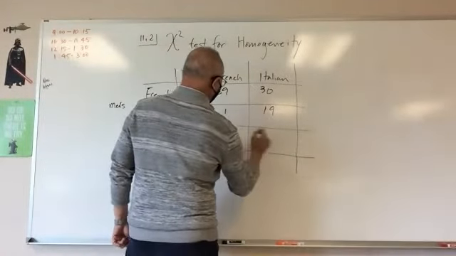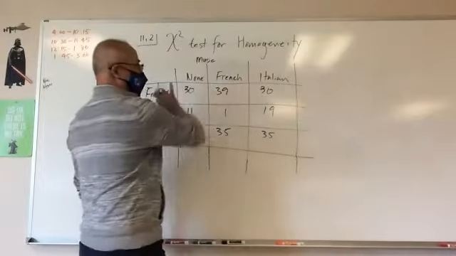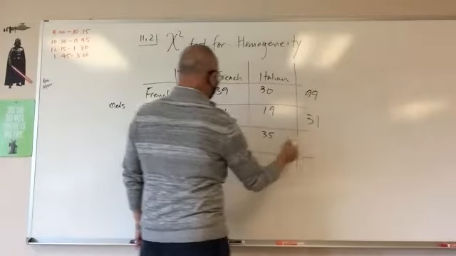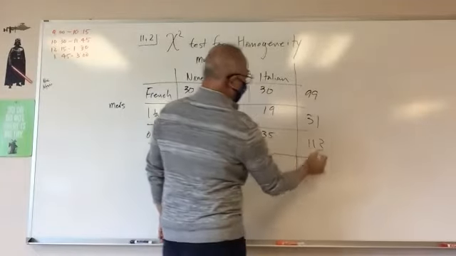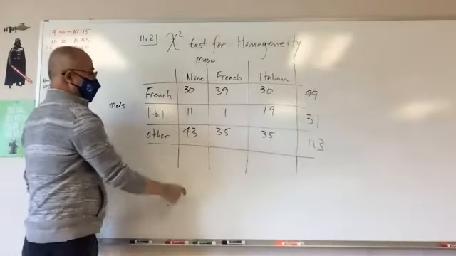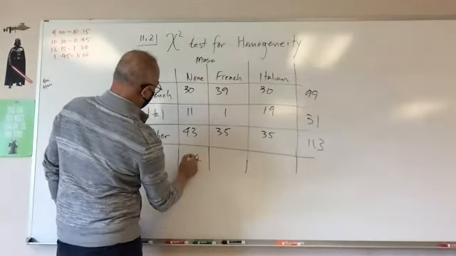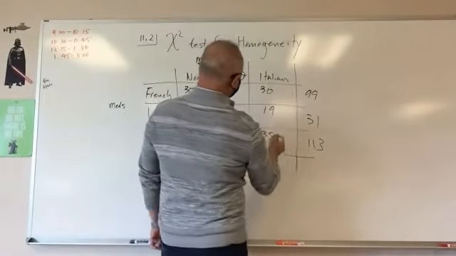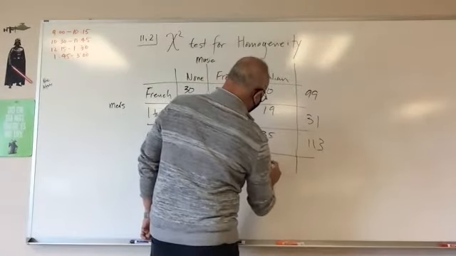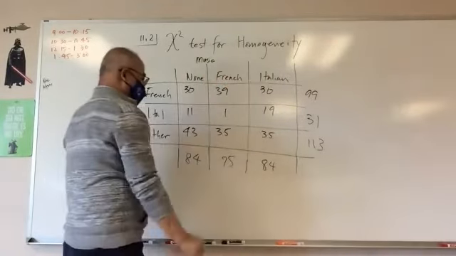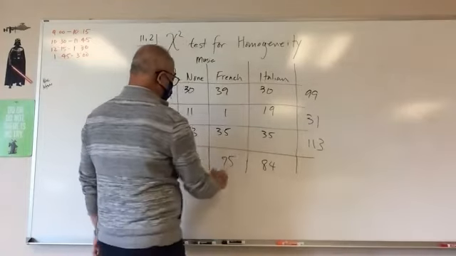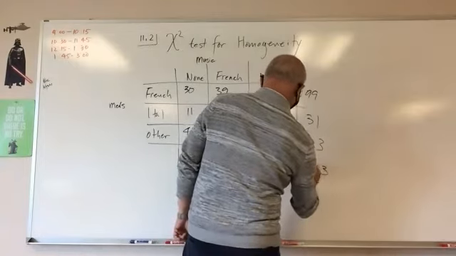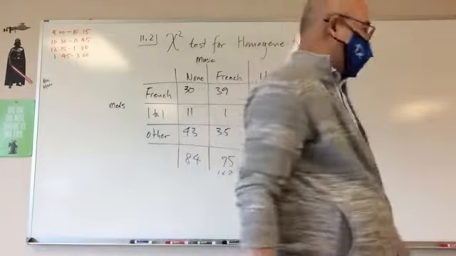If I add these across, I get 99, 31, 113. If I add these together, I get 84, 40, 75, then 65, 84. If I add these together, I get 168, 342. Is it 243? Is that correct? Okay, all right.